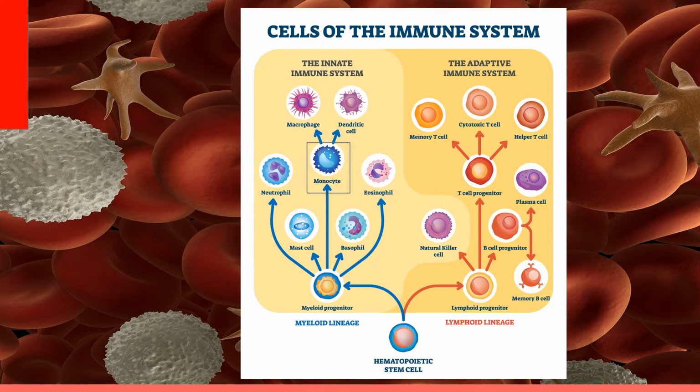Monocytes are yet another kind of white blood cell. They have one large nucleus, though it may appear elongated, not perfectly round. They give rise to macrophages and dendritic cells. Monocytes become macrophages when they leave the bloodstream and enter the body tissue.